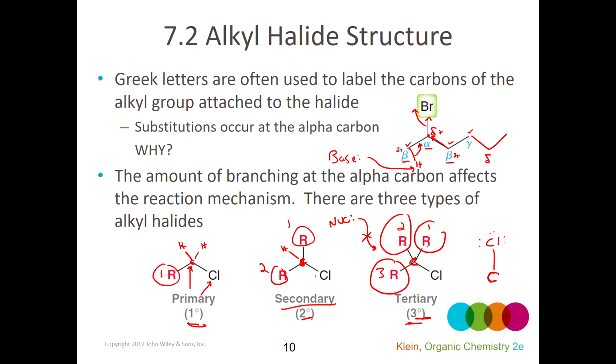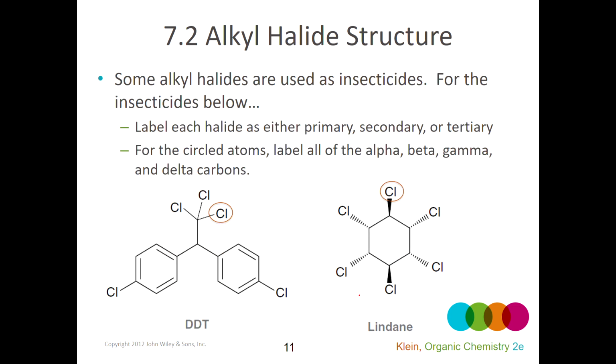Whereas if there are hydrogens there and it's a primary carbon, the nucleophile should have no trouble coming in there and connecting, because the hydrogens' electron clouds are much smaller and they won't repel the nucleophile's electron cloud so much when it comes in. So the primary, secondary, tertiary terminology is going to be important as we move forward, so you want to be familiar with that. So here, this chloride here is attached to a secondary carbon.